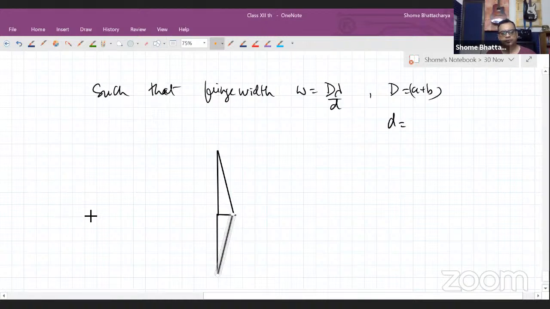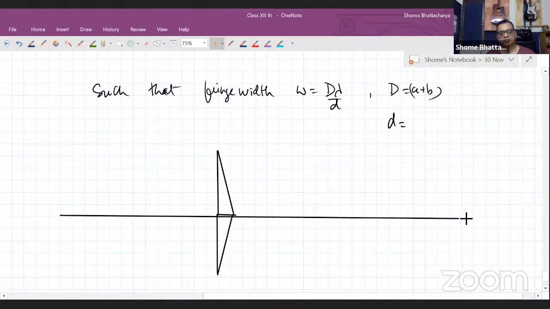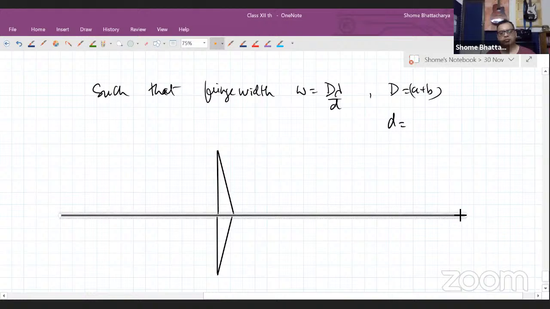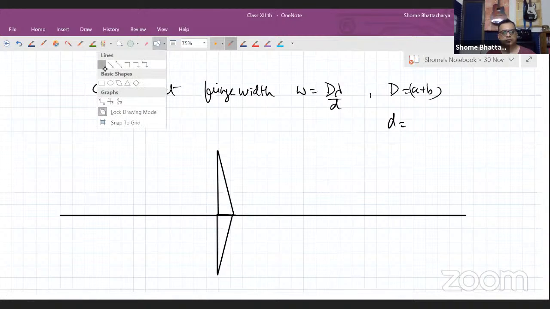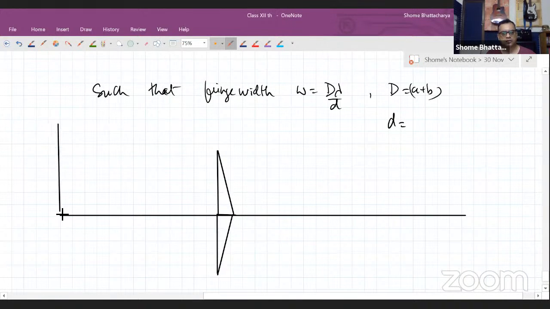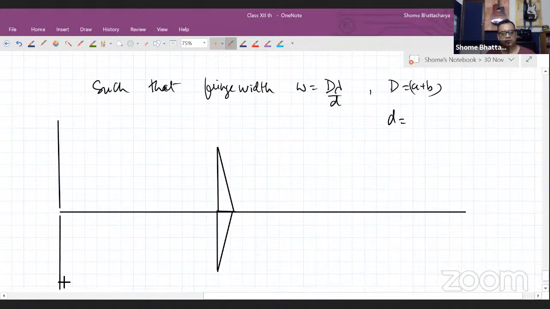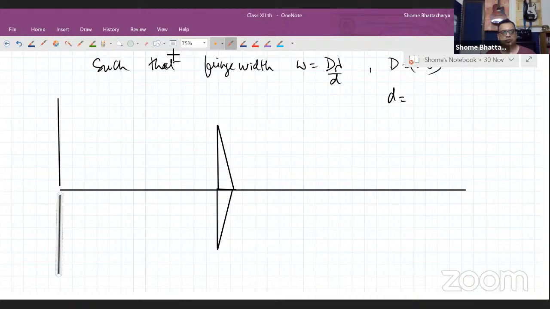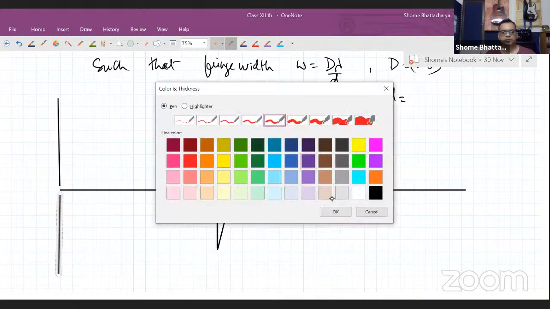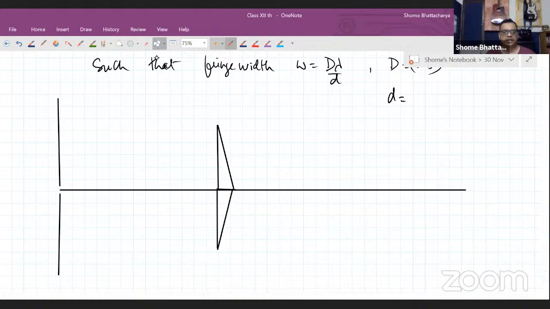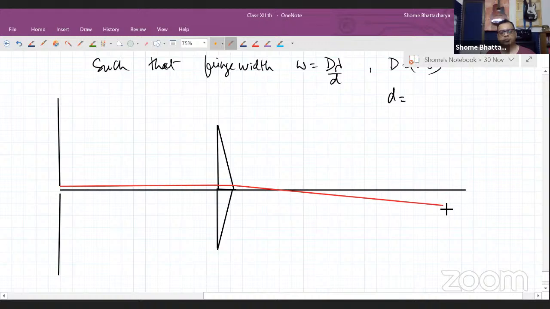Now if we are considering light from this slit, so first let's draw the symmetry line. Now let us consider light which is nearly parallel to this symmetry line or symmetry axis. So it's nearly parallel like this, and after suffering deviation here, doing something like this, let's say.